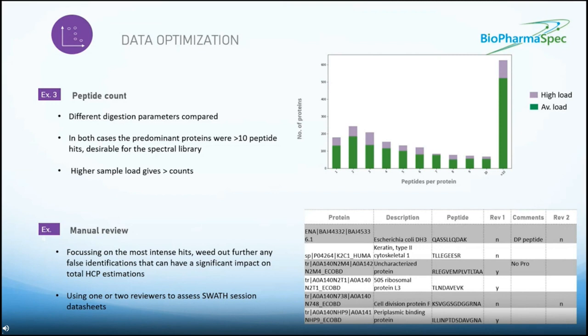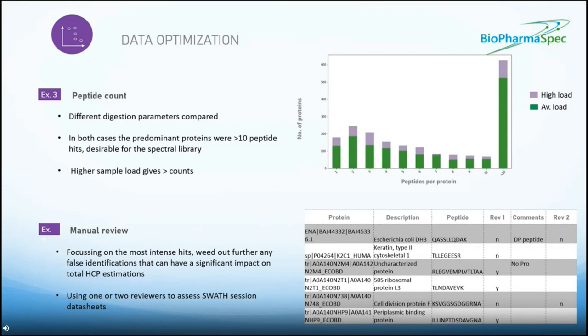And then we'll have 1 or 2 reviewers that are assigned to look at the raw data matches and make an assessment really based on their experience about the quality of the data and whether we think it's true. So sometimes we focus on specific elements of these data sets, for example, targeting just the high intensity hits, to weed out any of the false IDs that we think might be there.